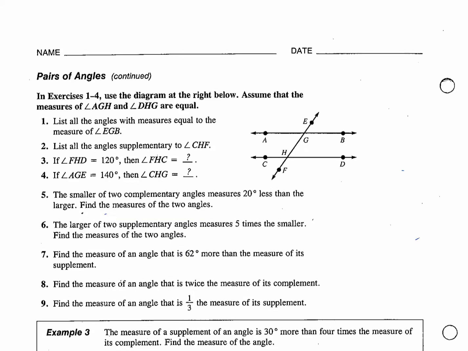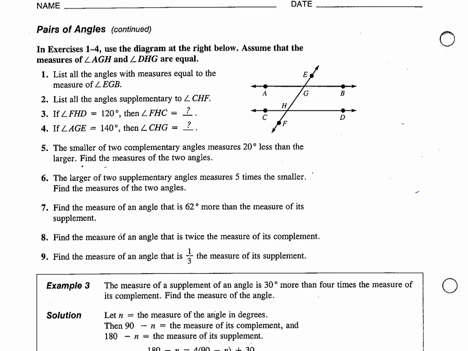So here they give us this diagram and they say, assume the measures of AGH and DHG are equal. List all the angles with measures equal to the measure of angle EGB. First I'm going to mark EGB on my diagram. EGB would be this angle right here. They want all of them equal.